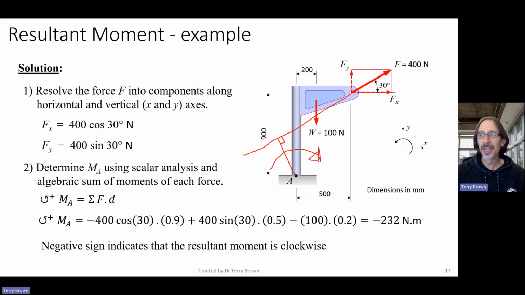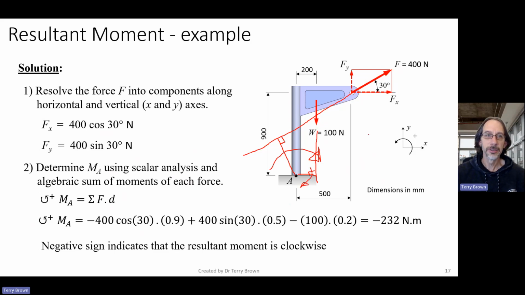And then we've got here 100 times 0.2, so that's about 20 Newton meters, also tending to cause, if we continue our line of action down here, here's our perpendicular distance, 0.2, a clockwise rotation again.